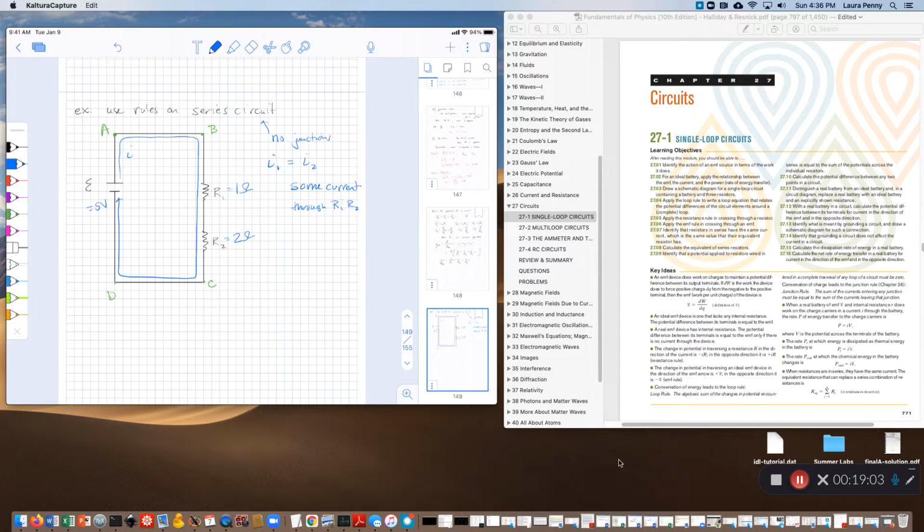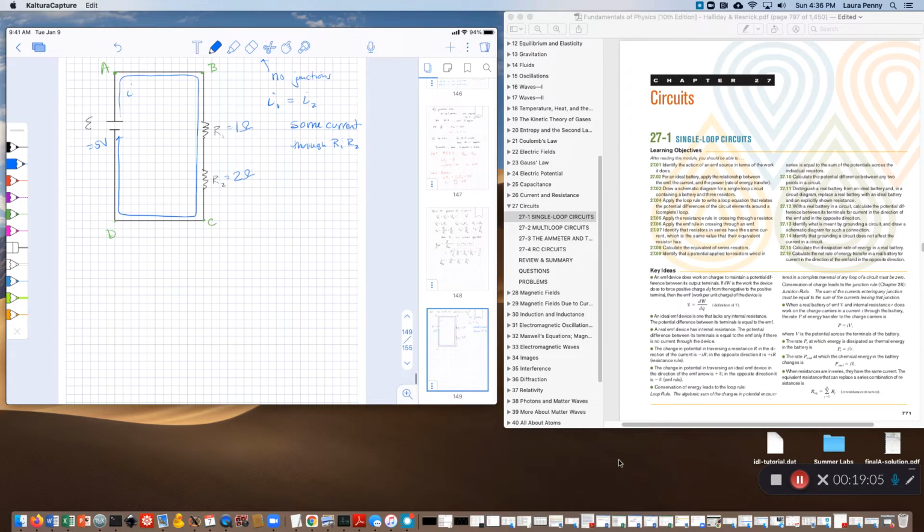But I can still do a loop rule. So there's just one loop rule to be made, and that's A, B, C, and D. Here's my positive and negative of my EMF. So as I look at this, I go from A to B, and there's nothing.